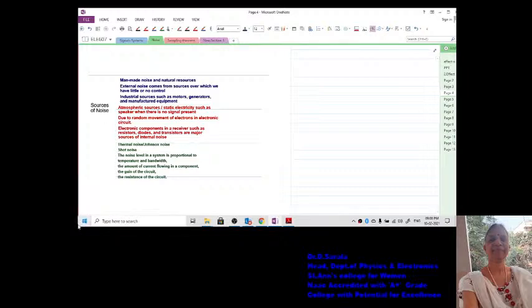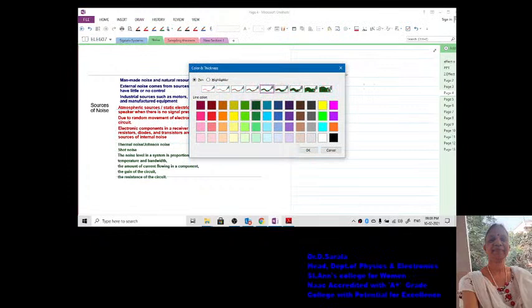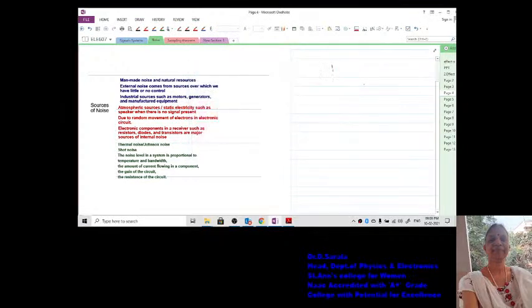So there are a number of ways in which you classify noise. It can be divided in terms of the type, depending on the source, the effect, and the relation to the receiver.